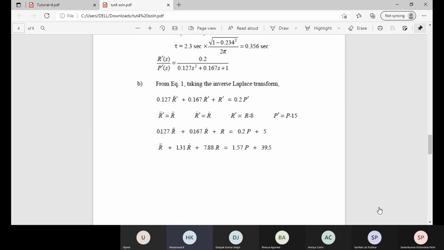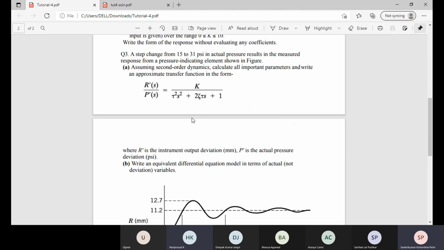So if you don't supply P prime as P minus 15, your expression would be in terms of the deviation variable, which is technically okay. Also, you check the R. So go to that equation again. Go to the expression.